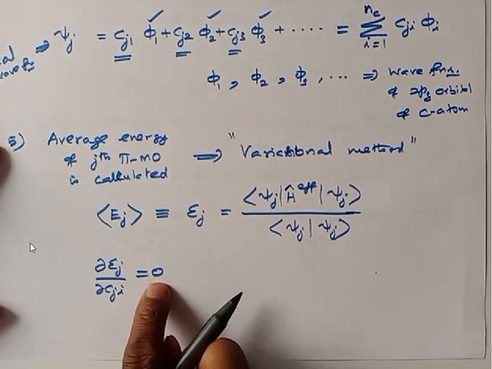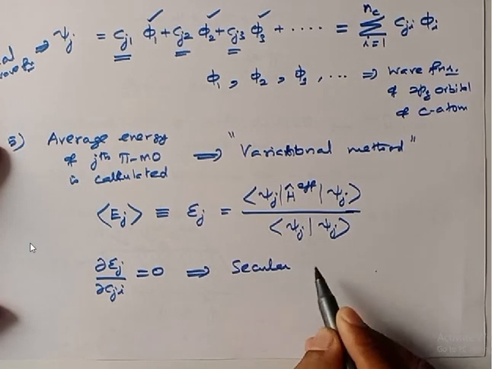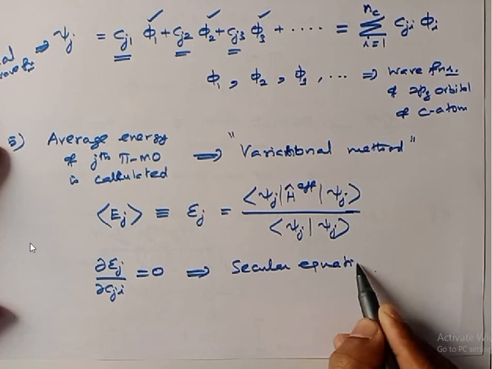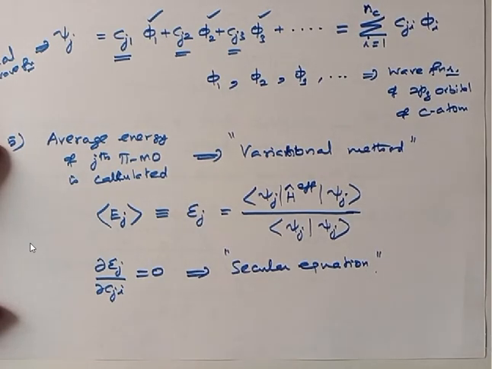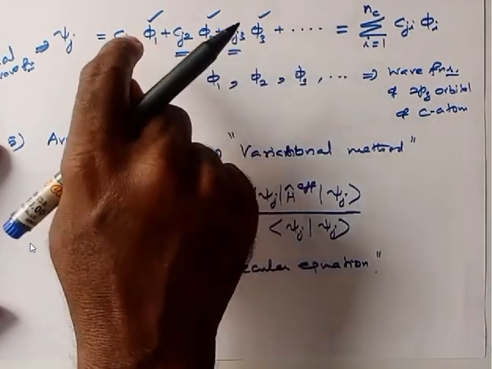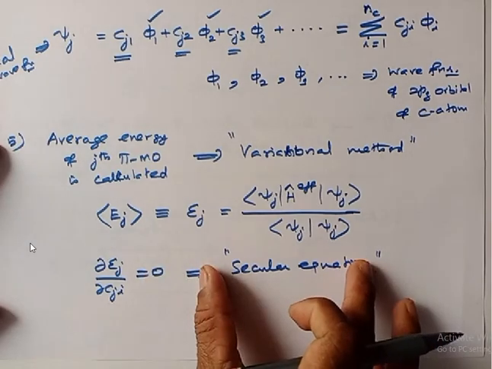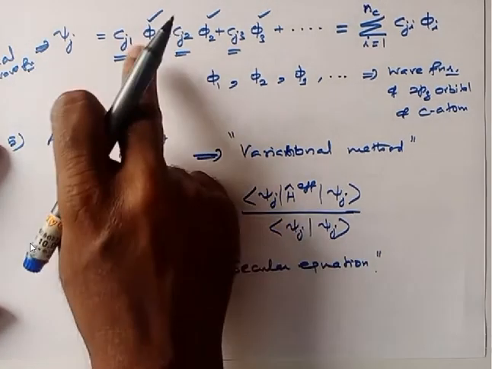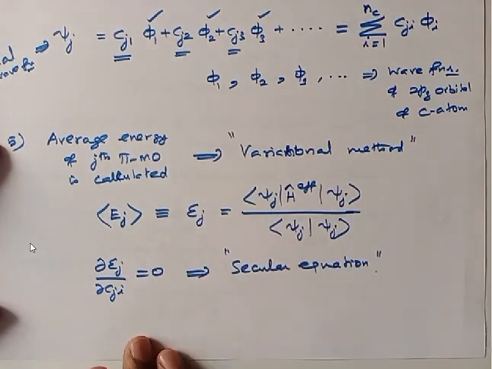If you put that value equal to 0, you'll get an equation called the secular equation. Since we have many coefficients here, for each coefficient, if you differentiate and put the value equal to 0, you'll get one secular equation. So the number of coefficients is equal to the number of secular equations that we get.